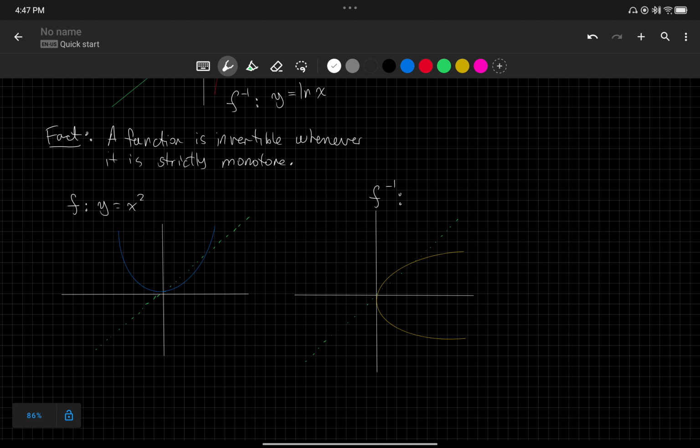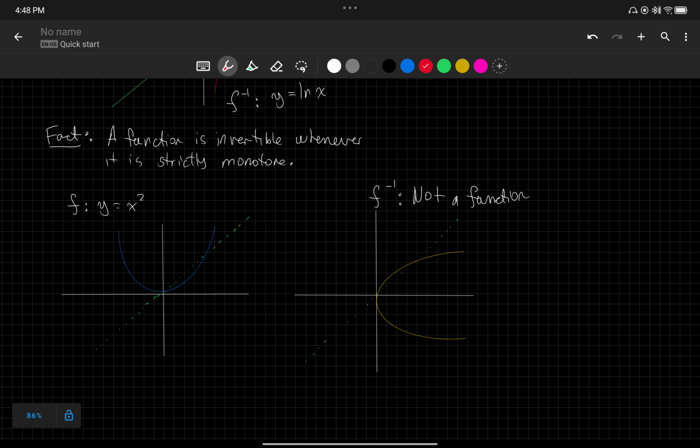So then here, we're going to say that this, after we flip it, is not a function. In other words, it's not invertible because it doesn't work anymore. And why didn't it work? Well, was this guy monotone? No, it wasn't, because here it's decreasing and then increasing. So that's why it didn't work, because this one was not strictly monotone.